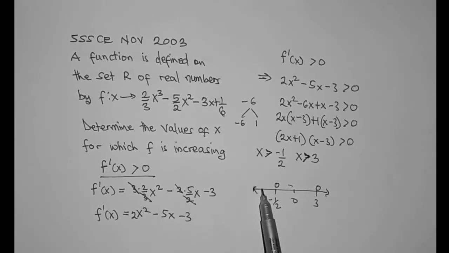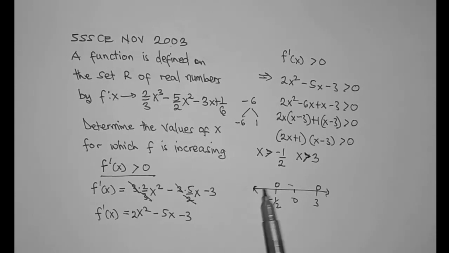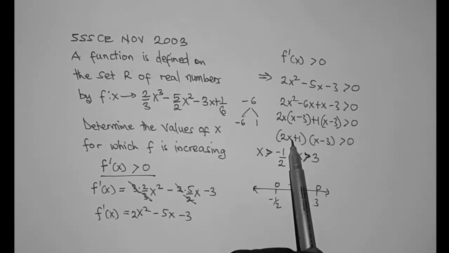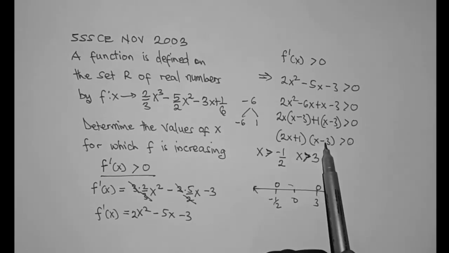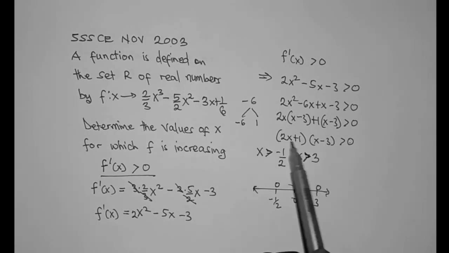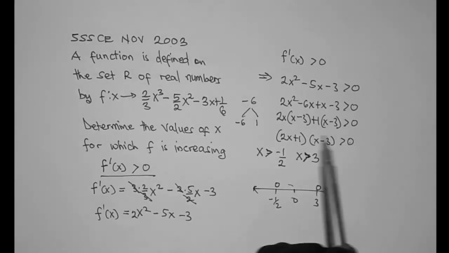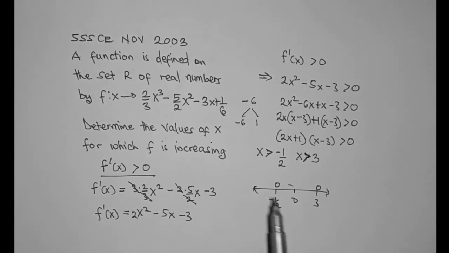Let's take values below minus 1 over 2, like minus 1. 2 times minus 1 is minus 2. Minus 2 plus 1 is minus 1. Minus 1 minus 3 is minus 4. So minus 1 times minus 4 is 4, and 4 is greater than 0. So this region is one of the required regions.